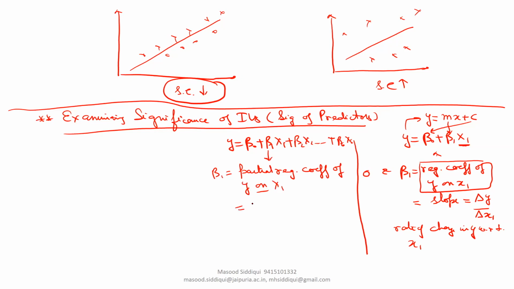It means the rate of change in y, just like the bivariate case, with respect to x1, provided, and this is the catch, all other independent variables, x2, x3, x4 up to x6, remain constant.